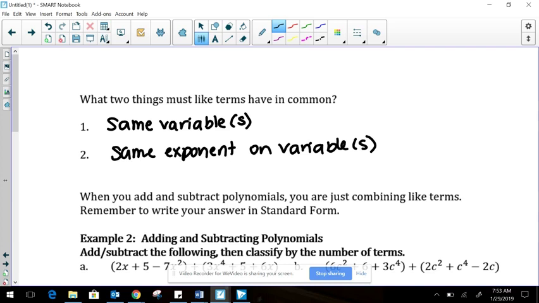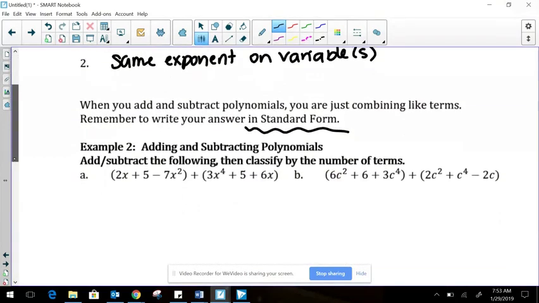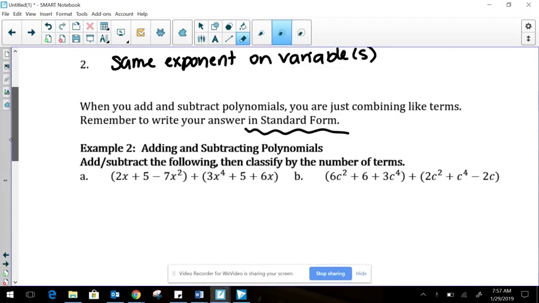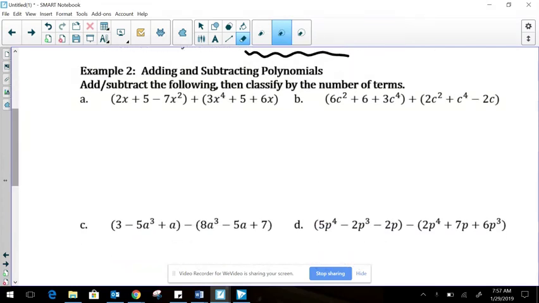Okay, so when you add or subtract polynomials, you're just combining like terms. Again, answer should be in standard form, always. All right, so example 2, we are adding or subtracting polynomials. Okay, so first 2, we are adding.